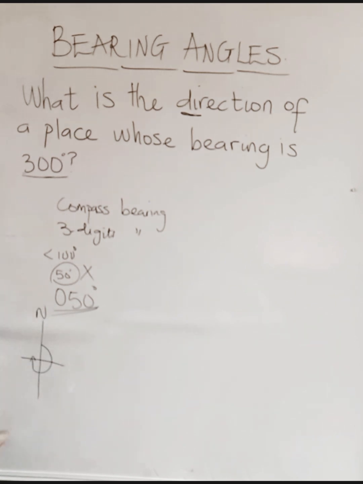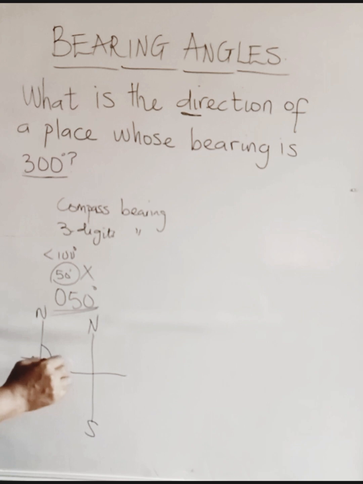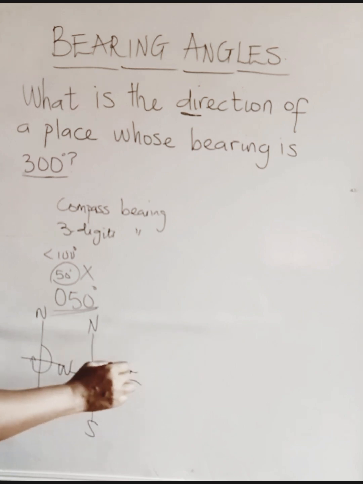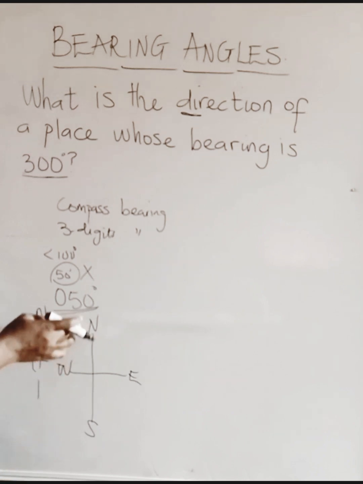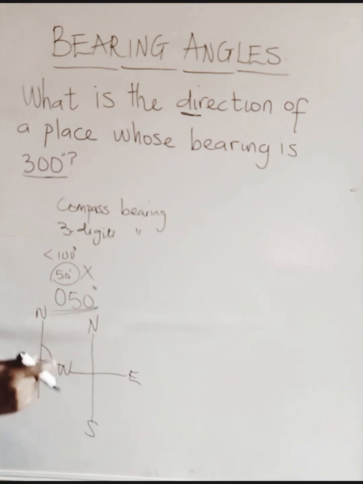But compass bearing is based on the cardinal points north, south, west, and east. You must indicate the two cardinal points where that angle is formed. Say for instance, the angle is formed between north and east.